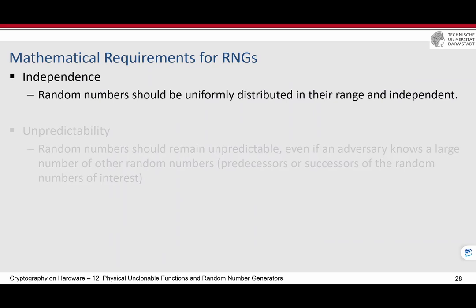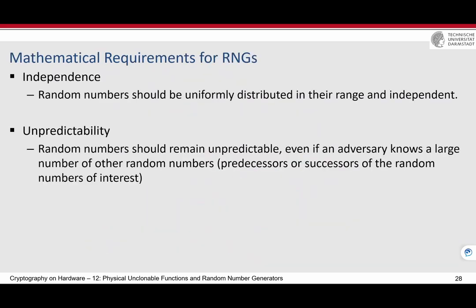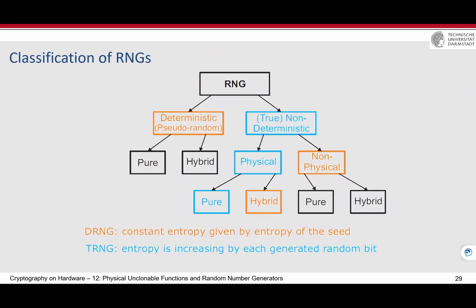And there are some definitions of random number generators, RNGs: they should, of course, be independent of each other. You need to have the independence, they should be uniformly distributed, and they should also be unpredictable. It means that if you have a large sequence of random numbers, you should not be able to predict the next one with a high probability.